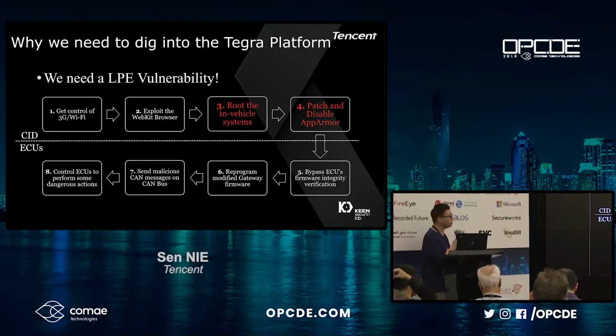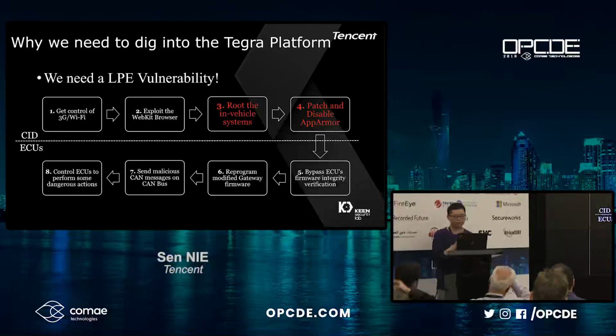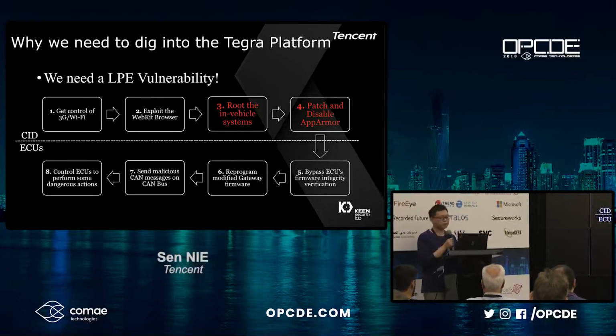However, in the year 2017, things became much more difficult for us because Tesla patched all the known vulnerabilities. We need to find a 0-day to hack into the system. So actually, before we dig into the Tegra platform, we used about 1 month to try to find a new vulnerability, but we failed. So we need to focus on the Tegra.